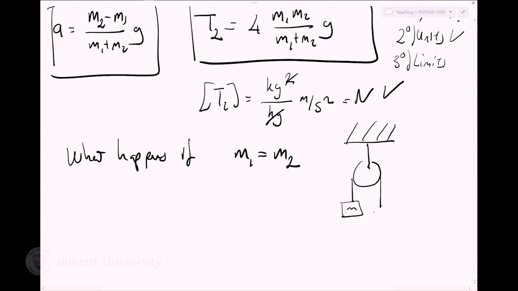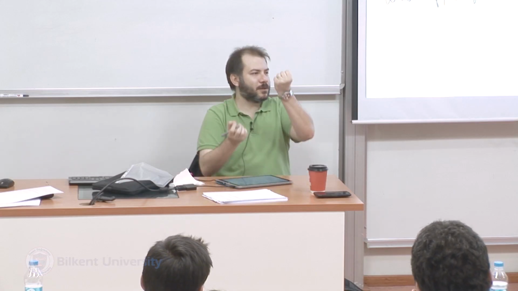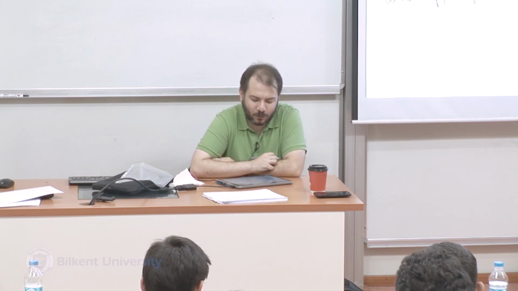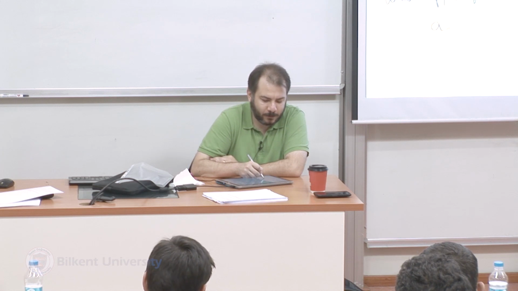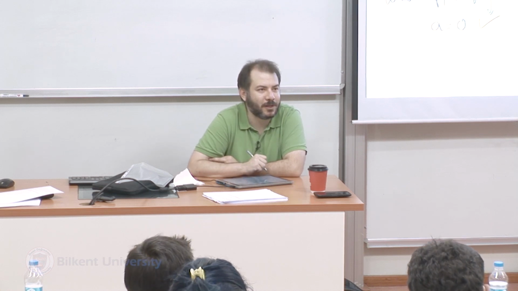Well, okay. If my initial velocity was 0, I would expect the system to hang in the balance. If there was initially a velocity v, what would happen? It will just be a constant velocity, right? So, in that case, what do we expect acceleration to be? 0. Does that give me acceleration equal to 0 when m1 equals m2? Yes, it does. So that limit checks.